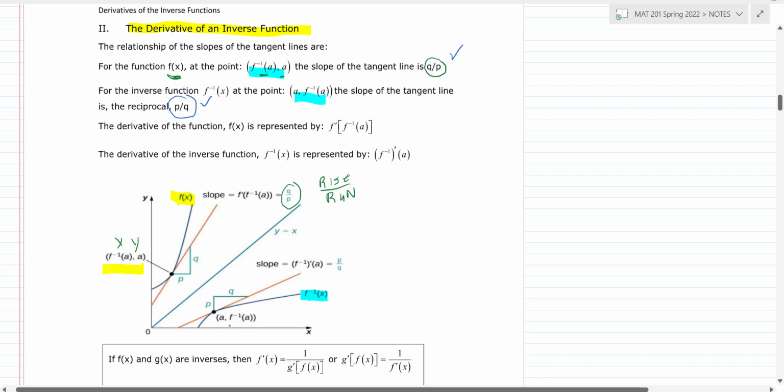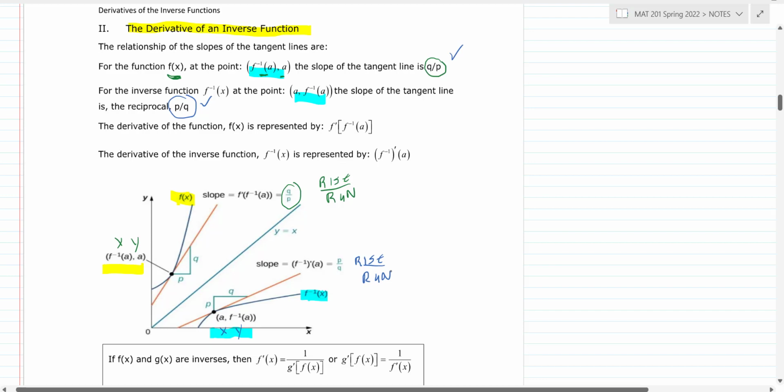Okay, now if you look at the inverse, well, we know that all points on an inverse are backwards. So if we have f inverse of a, comma a, then they're going to go backwards. Okay, so if you look at this, the x and y get flip-flopped, and what happens is the slope becomes a reciprocal. So if you look at this just visually, you have a rise over a run, you're going to end up getting p over q.